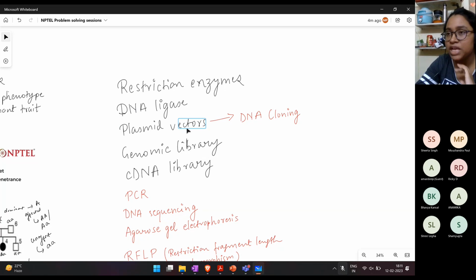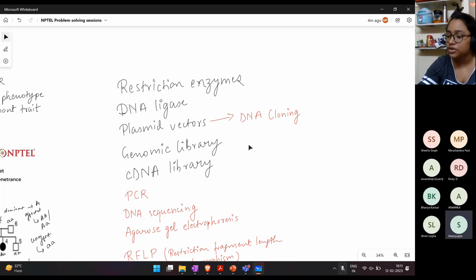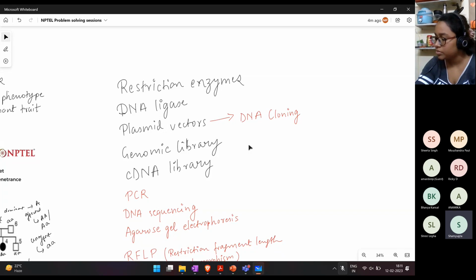Then what are plasmid vectors? Shweta, would you like to try? Or anyone else? What do you mean by plasmid vectors? Where are they present? How do they look? Circular DNA used to transfer part of genetic material. Okay, you are correct.